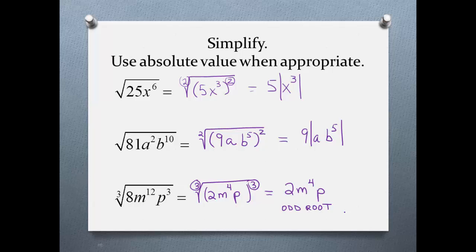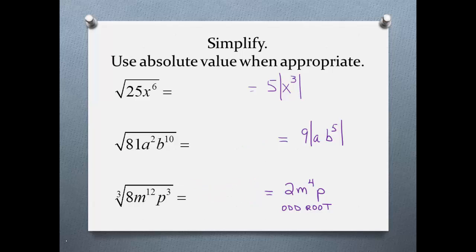Let me add one thing here. If I erase this middle step, through the magic of technology, and you look at what the exponents are in the answer right here, and right here, and right here, there's an invisible one, compared to the exponents that I started with here, you'll notice that the exponent that I end up with in the answer is what you get if you divide this exponent in the radicand by the index.